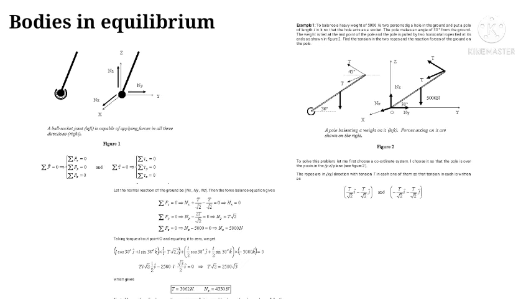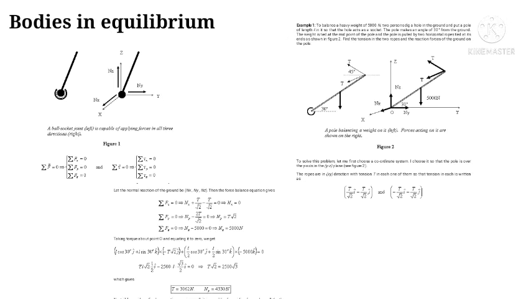To solve this problem, let us first choose a coordinate system. Choose it so that the pole is in the yz plane and the ropes are in the xy direction. The tension T in each of them is written as T by root 2 i minus T by root 2 j, and minus T by root 2 i minus T by root 2 j.